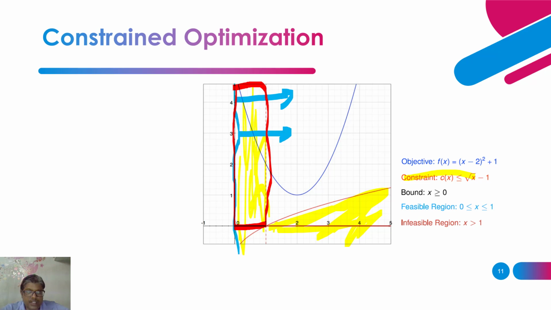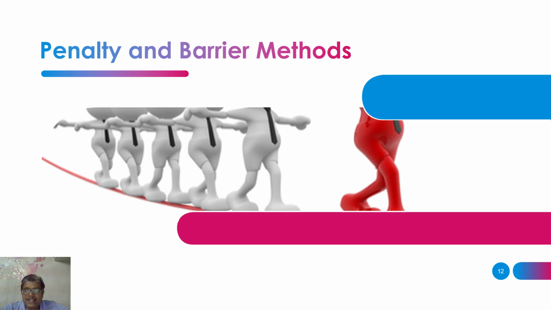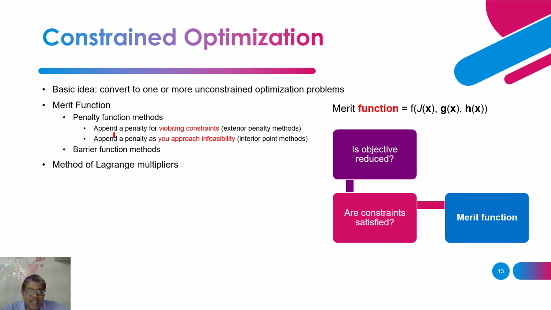Next, let us see what penalty and barrier methods are. The basic idea, which we already know, is to convert the constraint optimization into unconstrained optimization. How we convert matters: we convert to one or more unconstrained optimization problems.